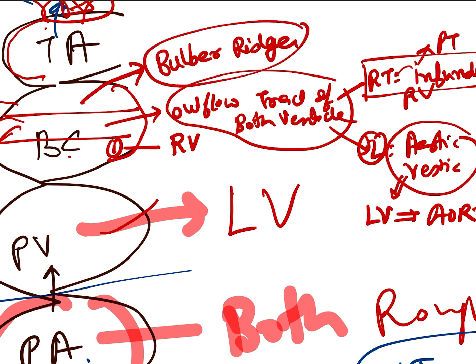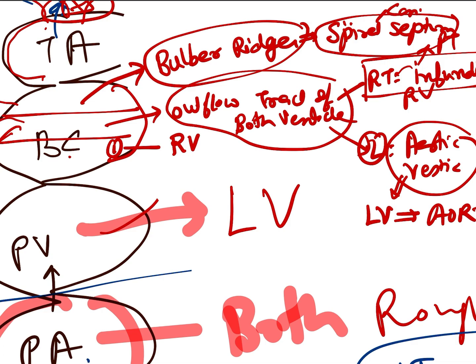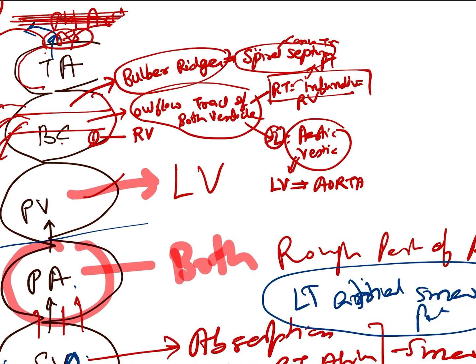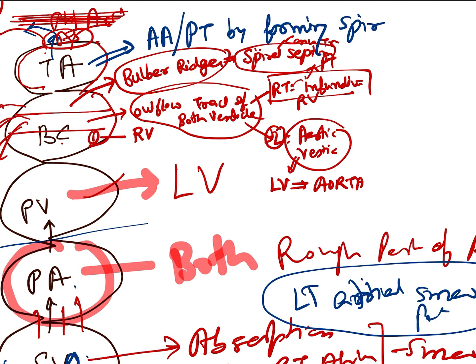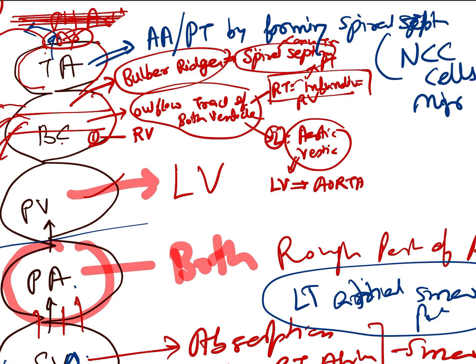These bulbar ridges take part in the formation of the spiral septum along with conus and truncus, and this truncus arteriosus will divide into two parts, ascending aorta and pulmonary trunk, by forming the spiral septum. And how is this spiral septum formed? It is formed because of neural crest cell migration into the truncus arteriosus.